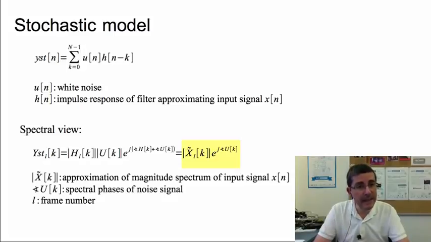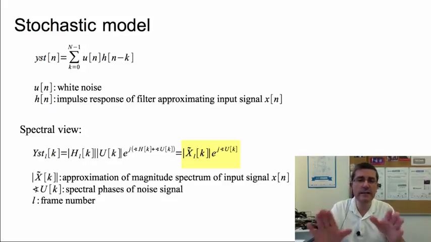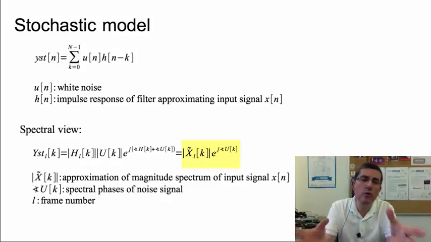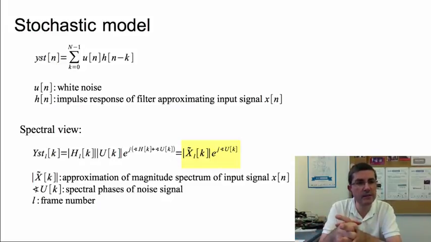And as the phase of the model, we use the phase of white noise, because the phase of a stochastic signal is not so relevant. Therefore, we can reduce the phase representation of our signal to the random numbers of the white noise. Okay, so this is a good way to express this stochastic model.